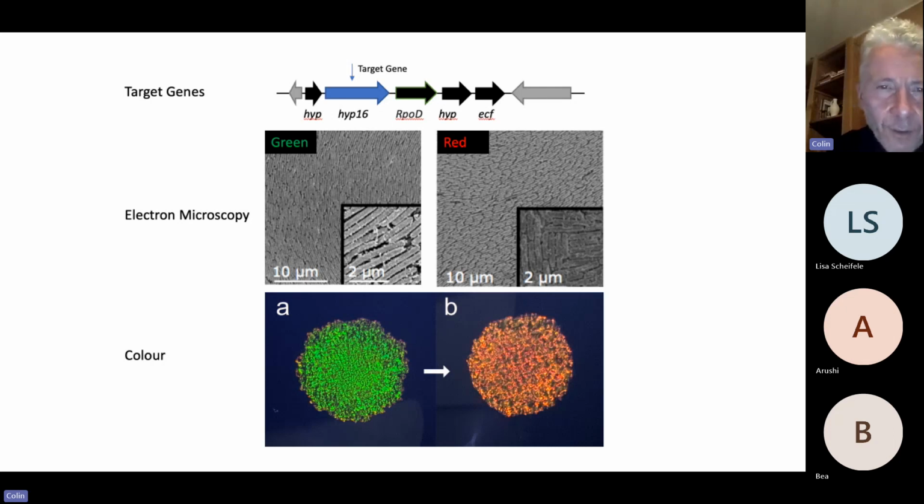You can see that when you knock this gene out, moving from A, which is the wild type, predominantly a green structural color, to B, which is red shifted, you see all of the changes I mentioned before. You're seeing changes in the cell size and cell organization, but they're still very organized in the red mutant. And of course they'd have to be. If they were disorganized, you'd lose the color. And that's what we're trying to crank at a rather bigger throughput at the moment.